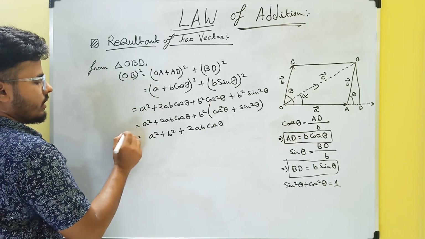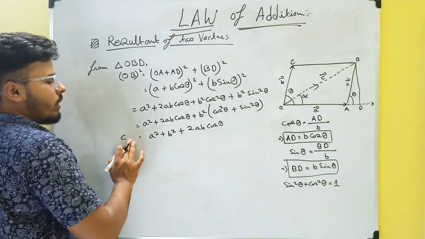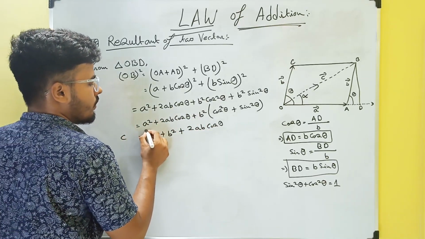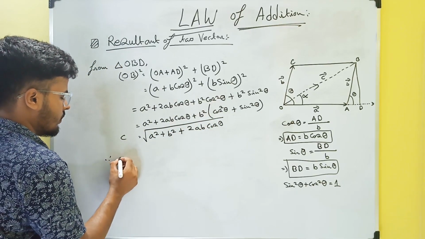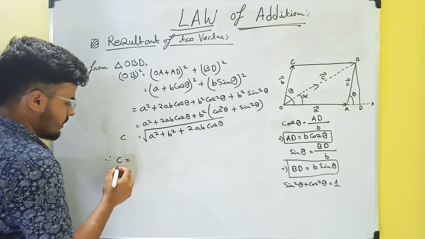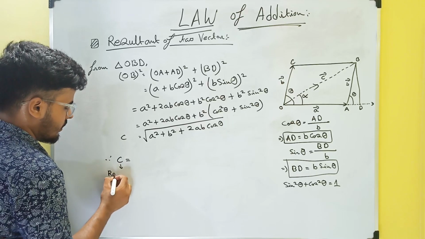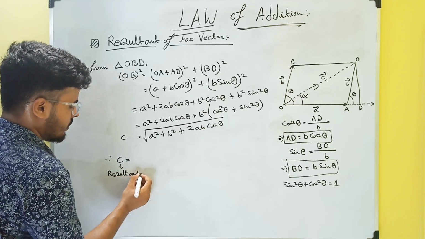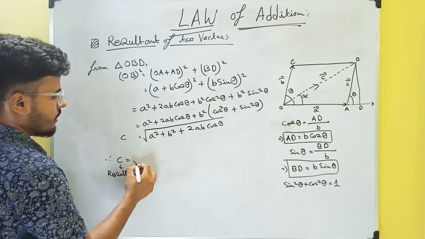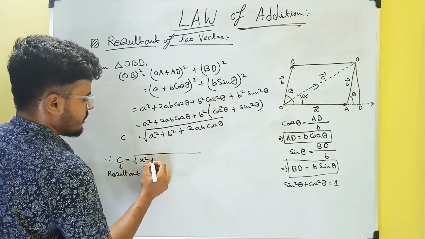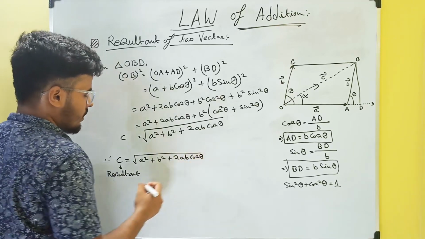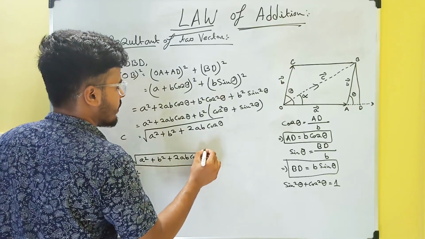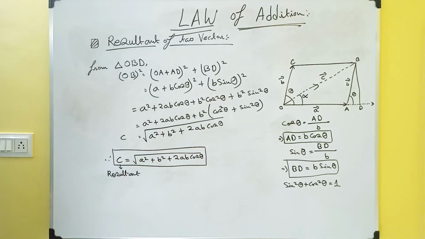We have C square, and if we take the square to this side, we will have a root. So C, the resultant, is the square root of A square plus B square plus 2AB cos theta. Very important for basics.